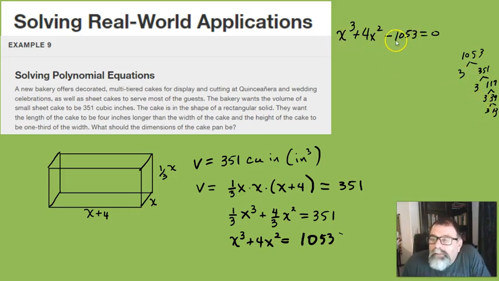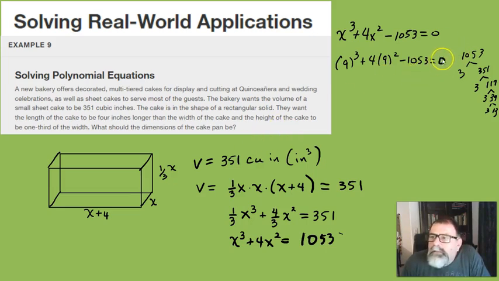Remember, if it's something rational, it's factors of this over 1. So I'm going to try 3. 3 doesn't work. I'm going to try 9. I think that's going to work. Let me try it: 9 cubed plus 4 times 9 squared minus 1053, does that equal 0?